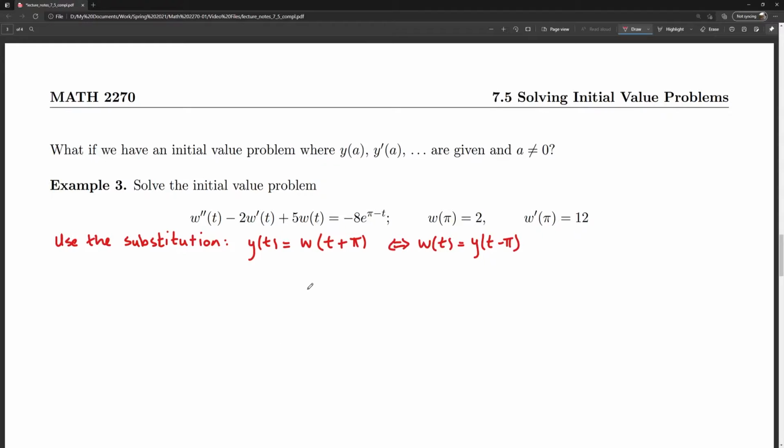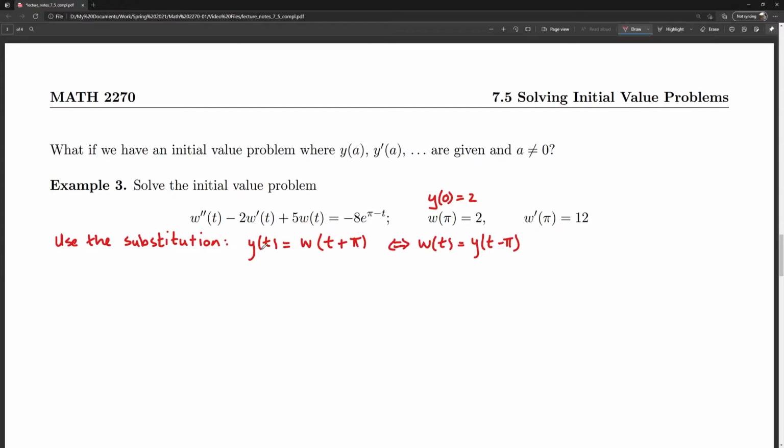So what that does is, if you look at y at 0, you plug in 0 here, you get w of pi.